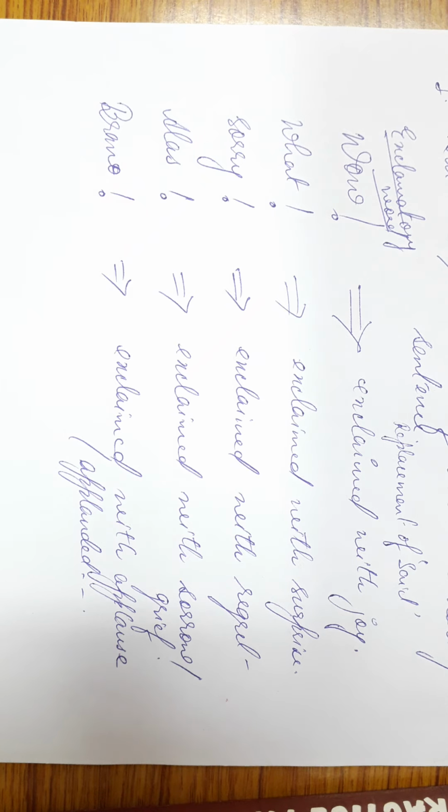Now, there is one thing that you have to keep in mind, that there are certain exclamatory words that can depict sorrow or joy. Like what? Suppose what can express surprise also. What can express fear also.